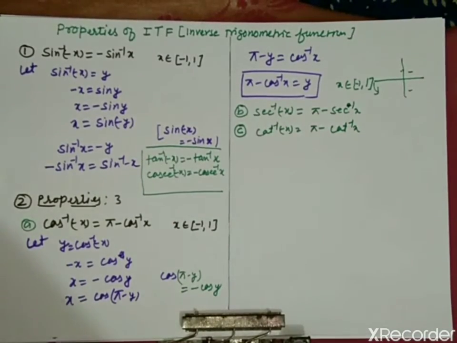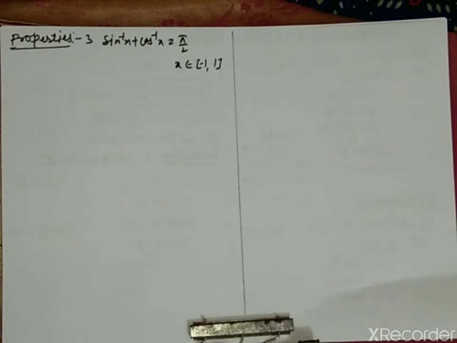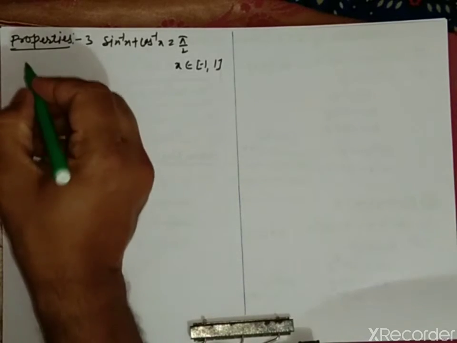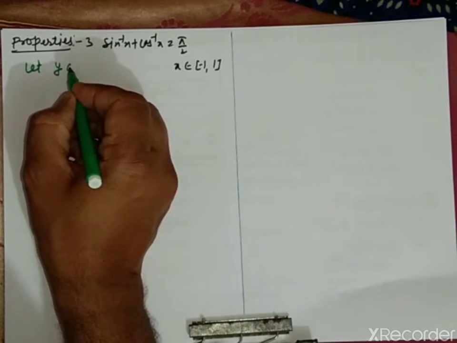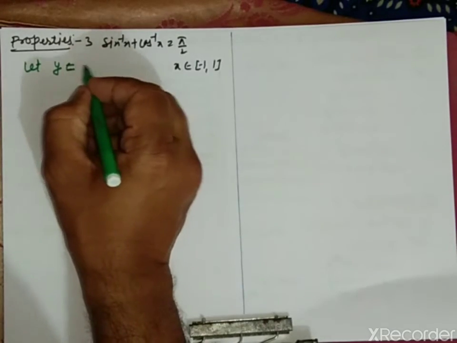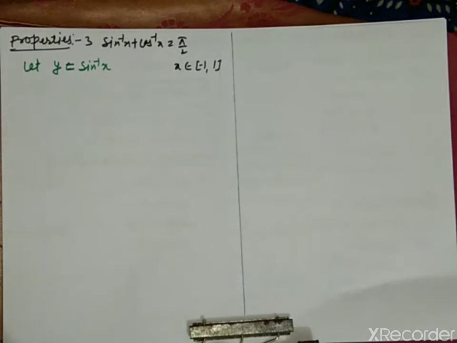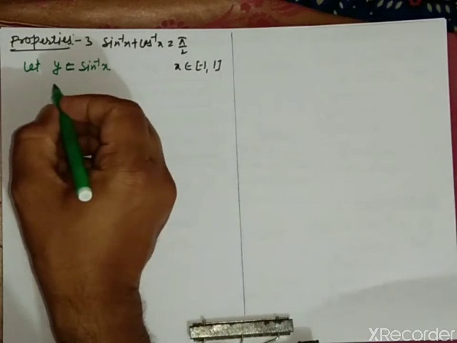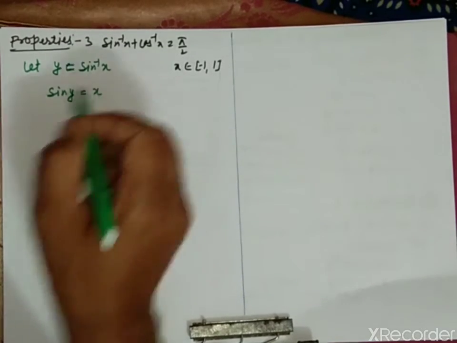We move for the third property, we will discuss sin inverse x plus cos inverse x is equal to pi by 2. Clear? Okay, now to prove that, again I let y is equal to sin inverse x. Clear? So sin y is equal to x.